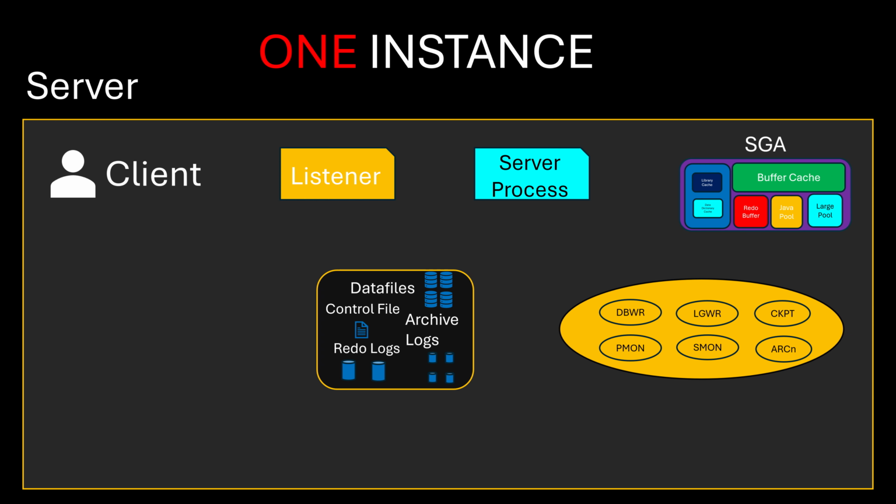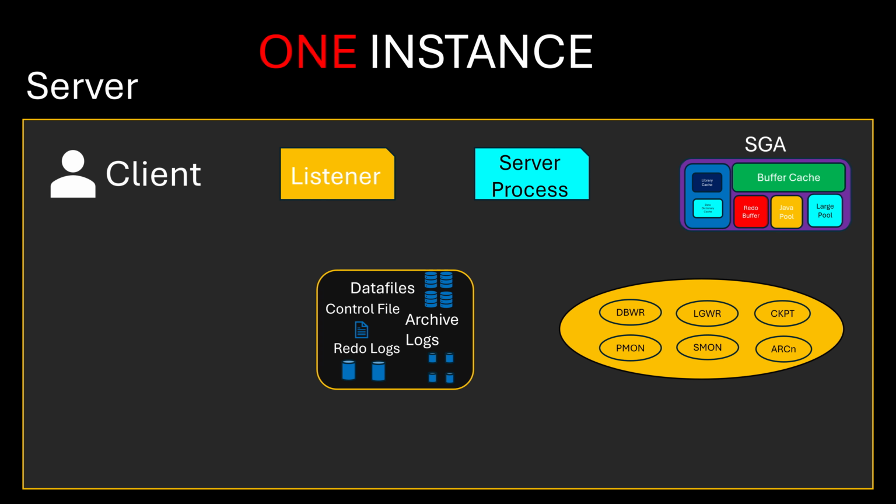Now let's switch from a select statement to an update statement. The blocks brought into buffer cache are modified and become dirty buffers. At this point, the changes exist only in memory. When the user issues a commit, Oracle confirms the transaction, but before those modified blocks are written to data files, Oracle generates redo records.